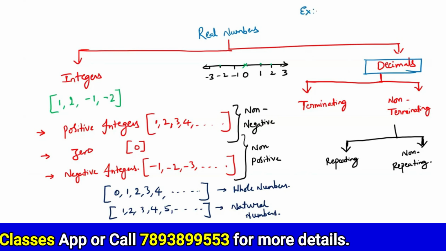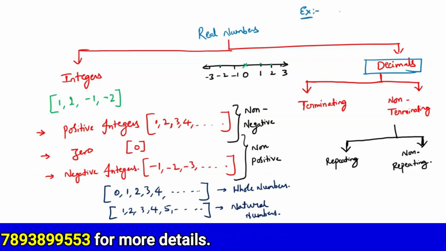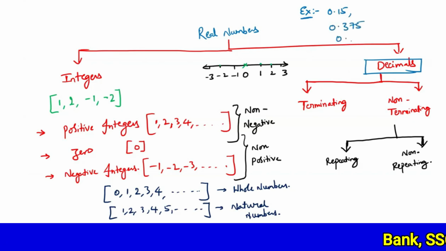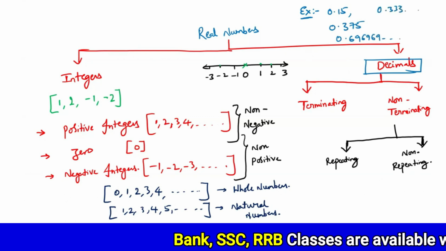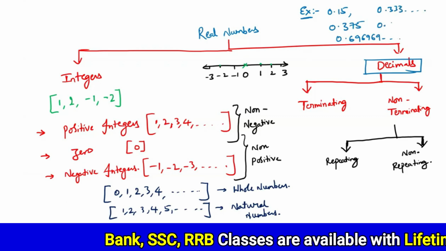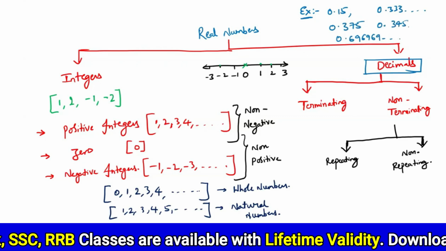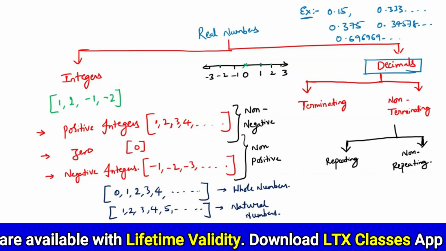Give me examples for all the types of point decimals. 0.1, 0.2, or else we can write 0.15, 0.375, or else 0.696969 and so on, or else 0.3333 and so on, or else 0.34578 like this. So there will be different types of examples regarding decimals.